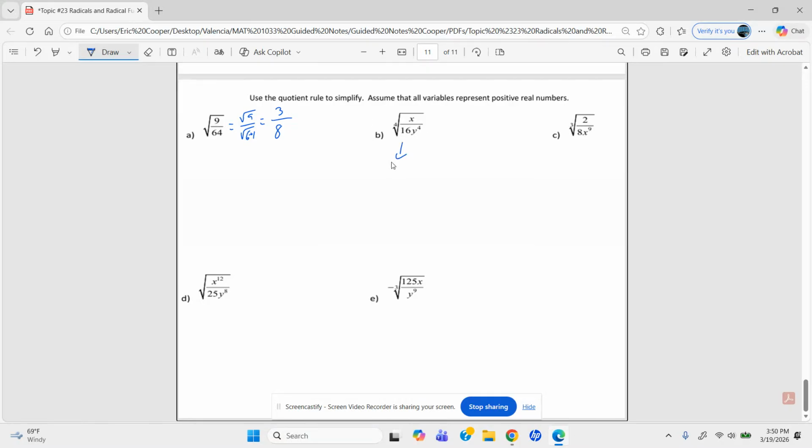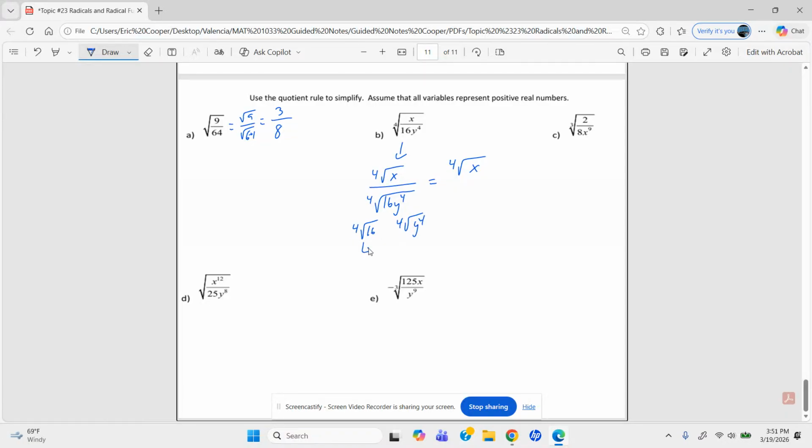Here, we'll make sure both the top and the bottom get the fourth root. And then we'll look at each part separately. Now the top, this is just 1x. There's nothing we're really going to be able to do with that, so we'll leave that as the fourth root of x. But here at the bottom, this is the fourth root of 16 and the fourth root of y to the fourth.